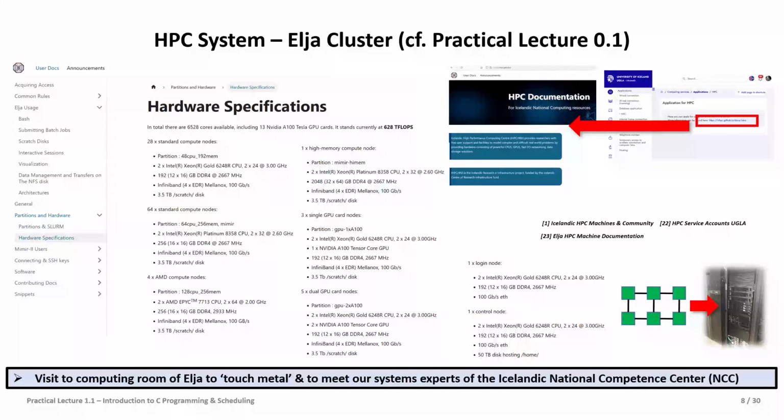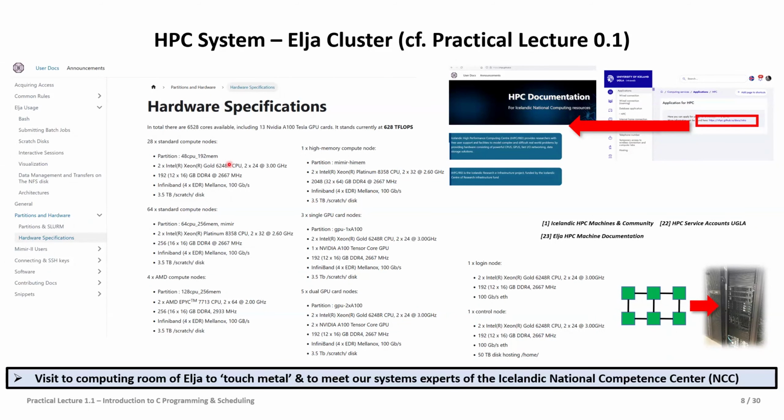Coming to the architecture, we have learned a little bit about this from practical lecture 01, if you remember. I said there's a nice documentation from our National Competence Center from the team at UTS, where you can actually see what the Aleia cluster entails. You would see the hardware specifications include several compute nodes with different types of CPUs. You see here Intel CPUs, there are standard compute nodes, and all of them are accessible via certain partitions.